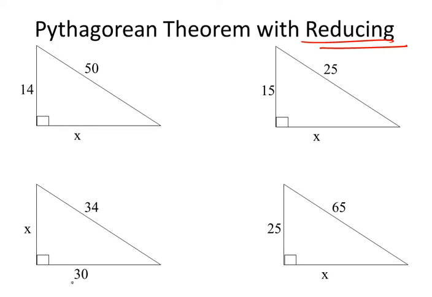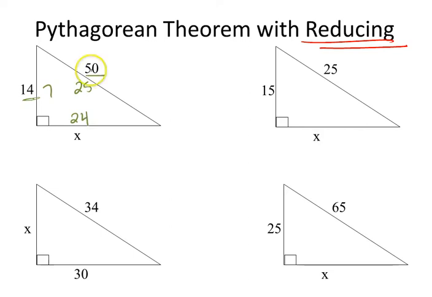So looking here, I have to start by finding a number that goes into both the ones I'm given. So I have 50 and 14. Well, I know that a 2 goes into both of these numbers, which would give me 7 and 25. Well, that means my third number has to be 24, because it's 7, 24, 25.